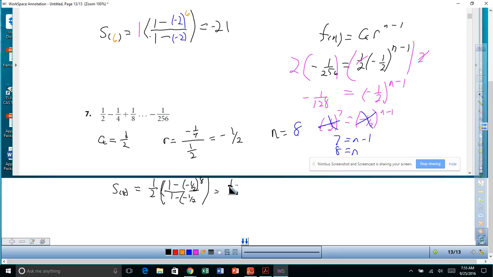So we have 1/2, and then 1 minus, and then to the 8th, that's going to be negative 1 over... well, since you're doing it like that, that's going to be 1 over 256.